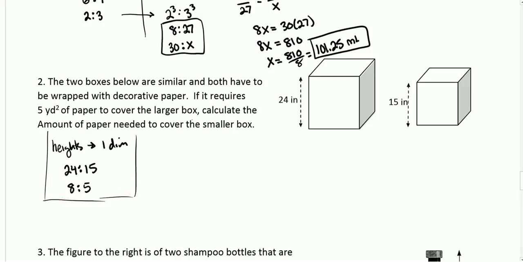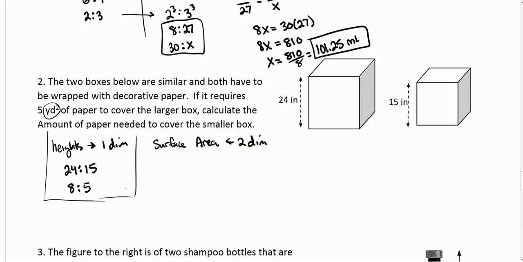In the question though, we need to know the amount of paper needed to cover the small box. And if you look at the units for the paper, it's yards squared, which is indicating two-dimensional. This is a surface area type idea. Covering the surface. So this is two-dimensional.